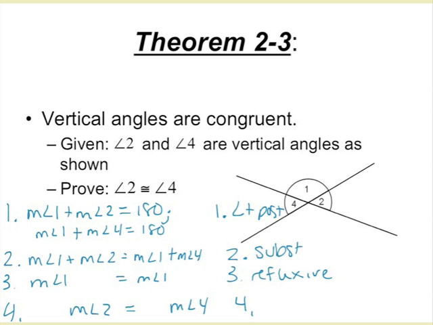Subtraction. So if I look at those two like an equation, what am I doing to the 1 on both sides? To get it to go away, I'm subtracting it. So that's our subtraction property of equality. And that got us down to 2 and 4 being the same, which is what we were asked to prove.